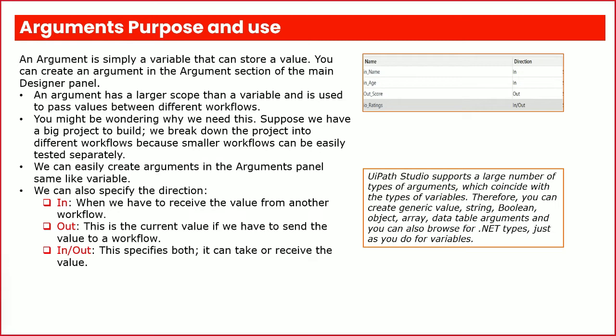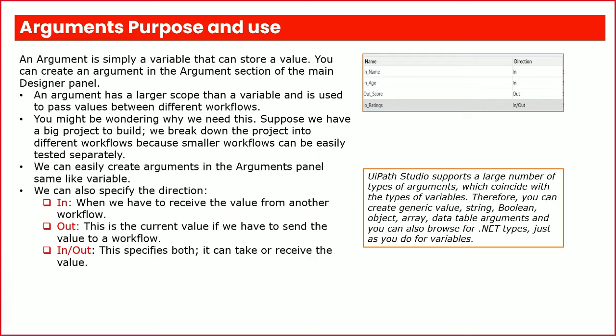And also, let's take the example where all these workflows are inside a main workflow. There should be a way for you to know what has happened with each workflow. It could be a success or a failure. That means based on the execution of that workflow, you need to return the status to the parent.